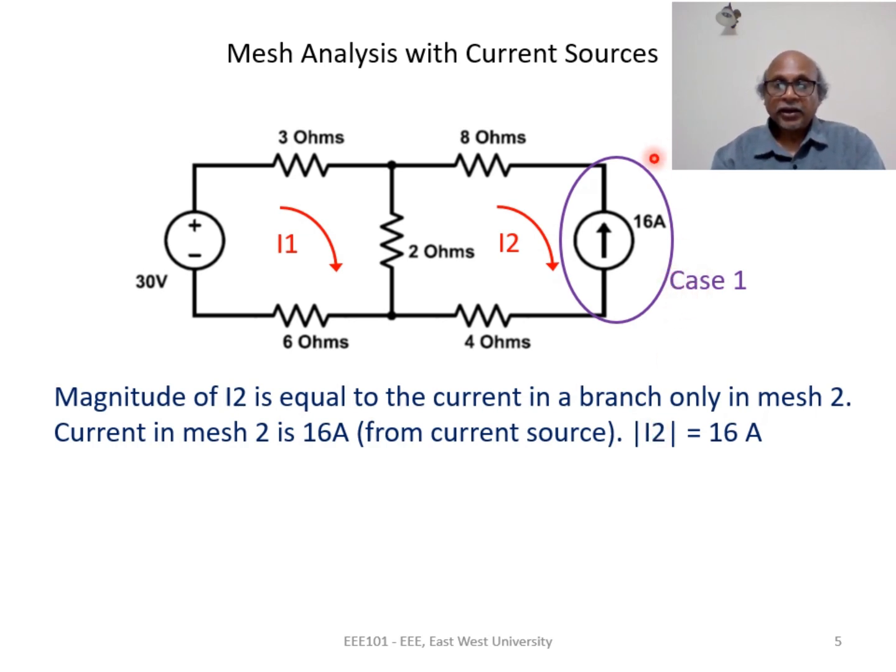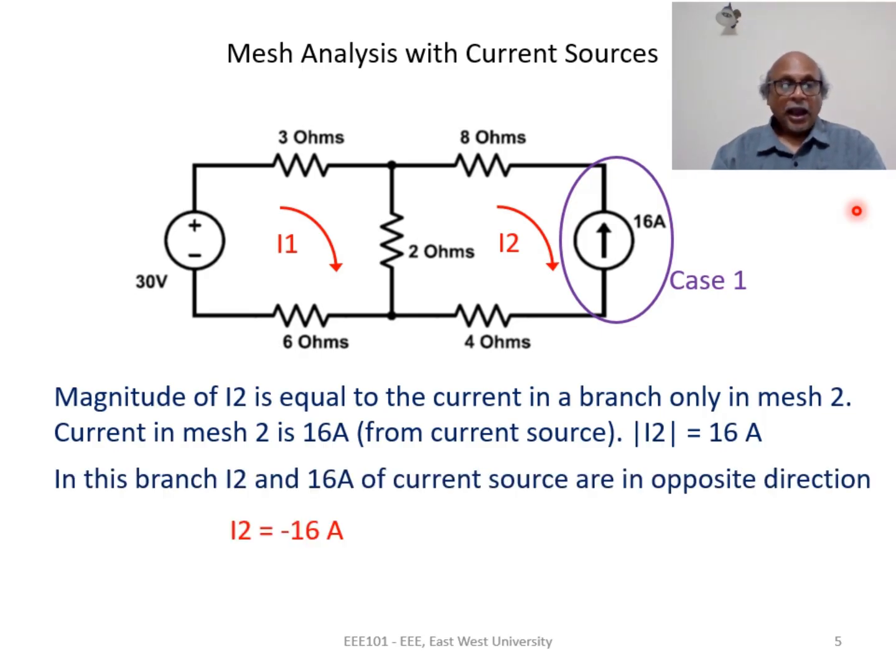If the current of the current source and the mesh current are in the same direction, then the value of the current source will be equal to the mesh current. If the mesh current and the branch current are in opposite directions, then the mesh current will be the negative of the current source. That is the case here. So we have I2 equal to minus 16 ampere.